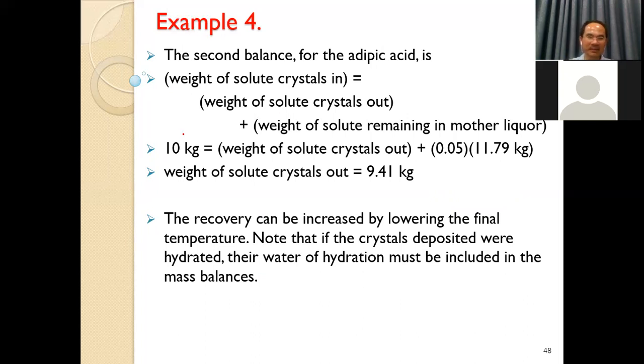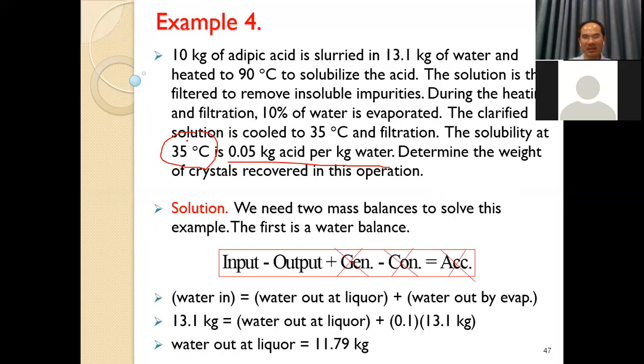For this case we know the initial feed of adipic acid is 10 kilograms. We don't know the amount of crystal after crystallization, but we know the amount of adipic acid dissolved in water at the crystallization temperature, because you know the solubility. At 35 Celsius, 1 kilogram of water includes 0.05 kilogram adipic acid. This is the concentration.